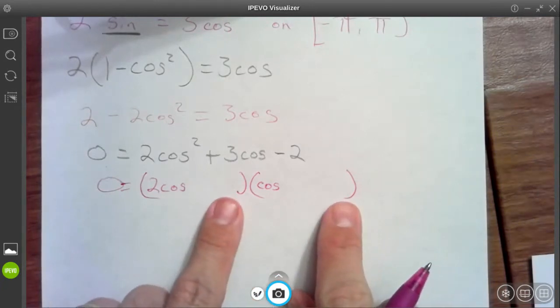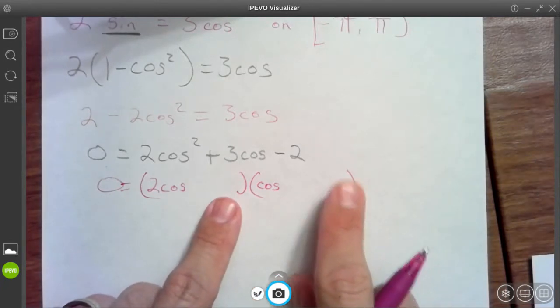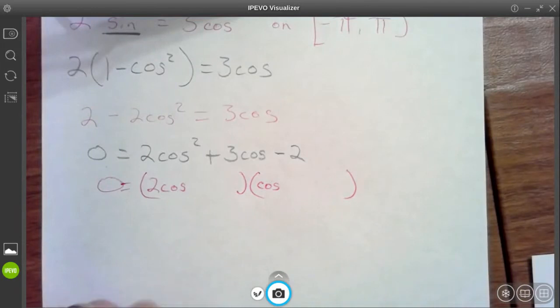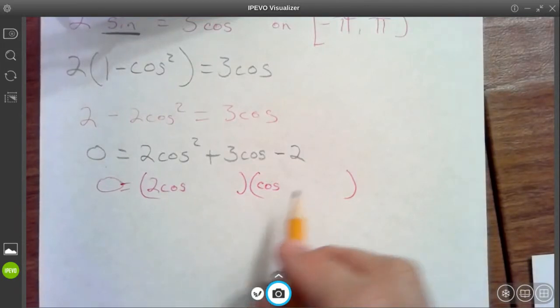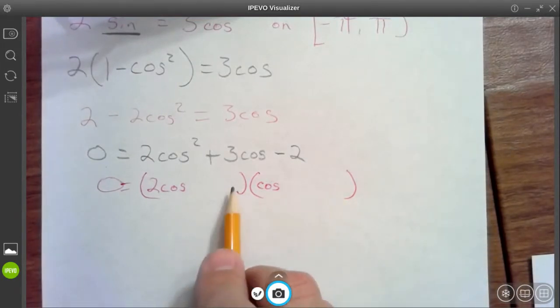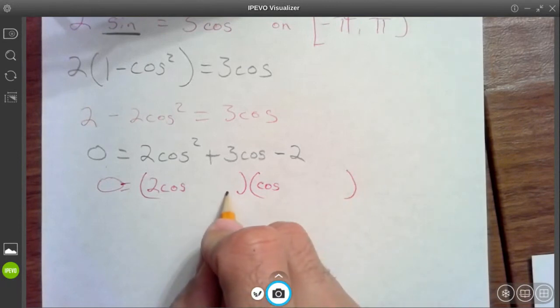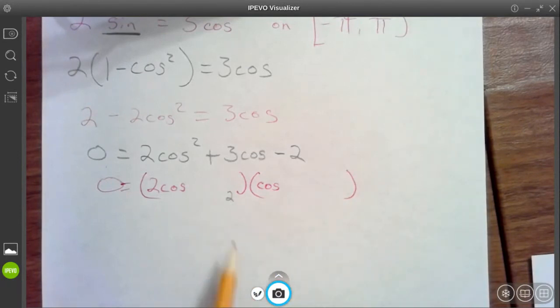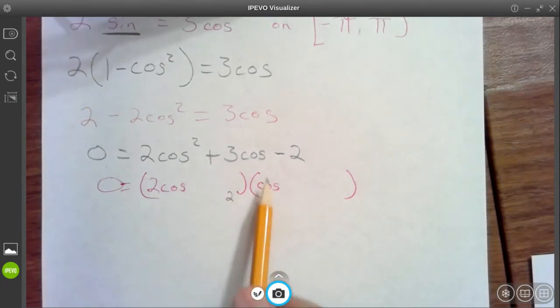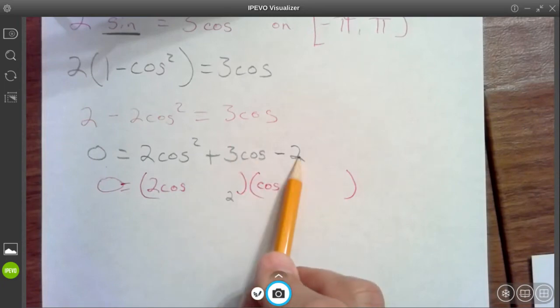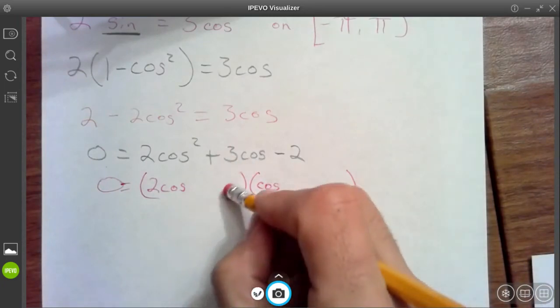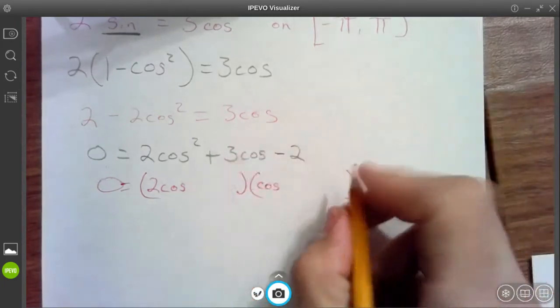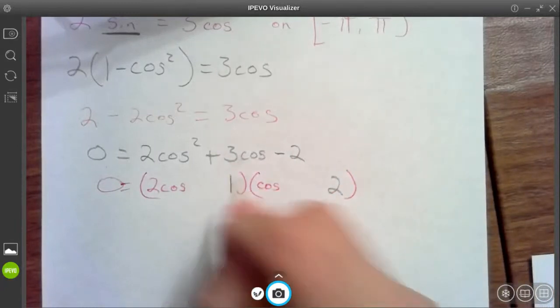And then these numbers are going to have to multiply to give me 2. So to multiply to give me 2, it's got to be a 1 and a 2 or a 2 and a 1. But I cannot put a 2 here because this 2 and this 2 would have a shared factor or a common factor. But the thing that they came from up here did not have a common factor. So it's going to be a 2 here and a 1 there.